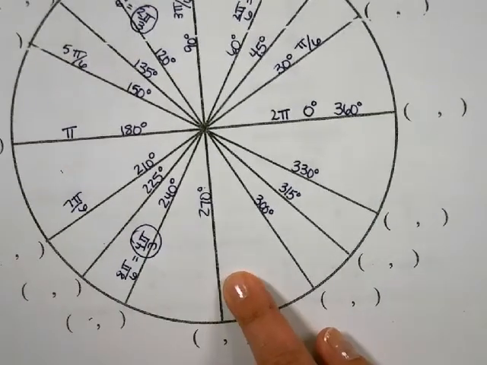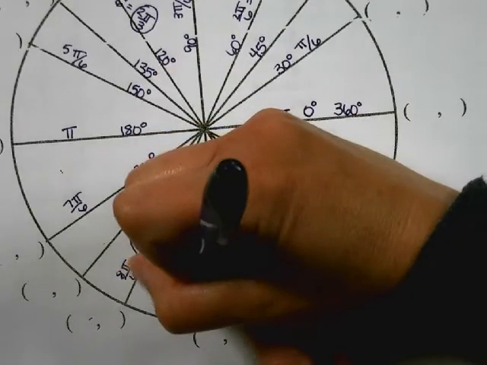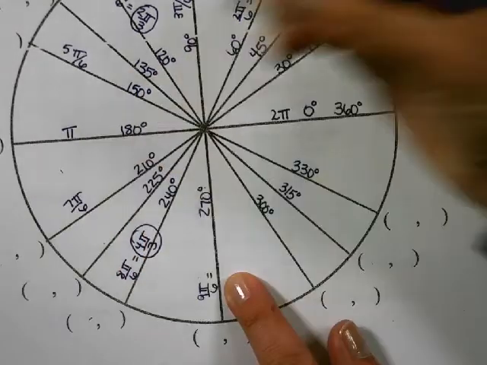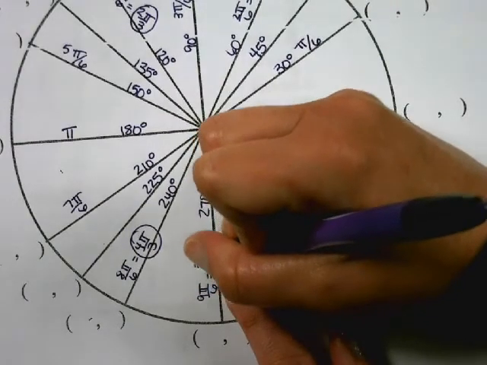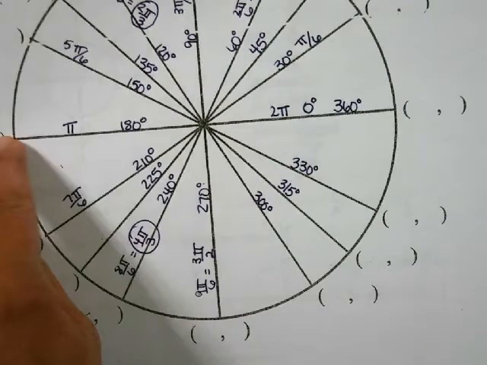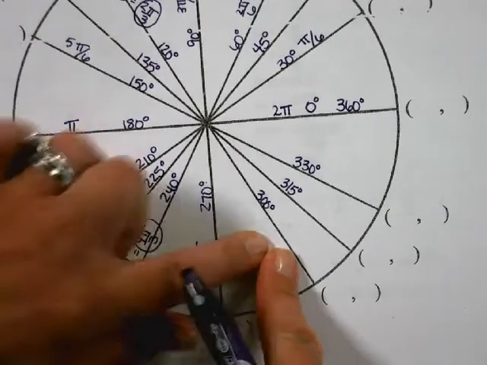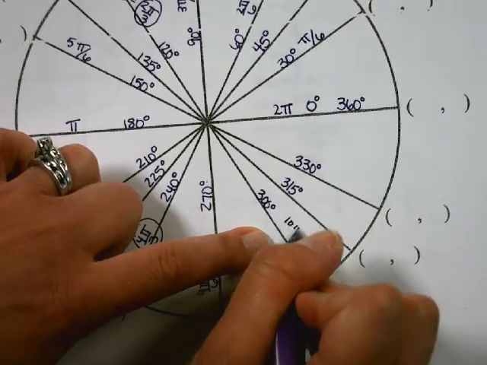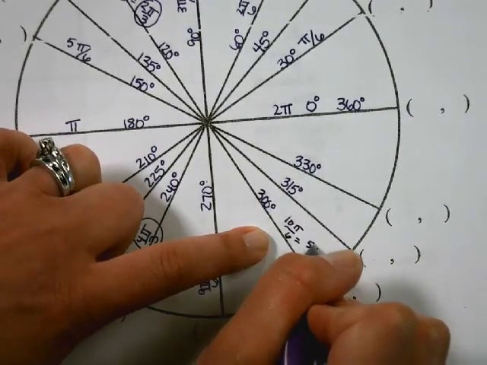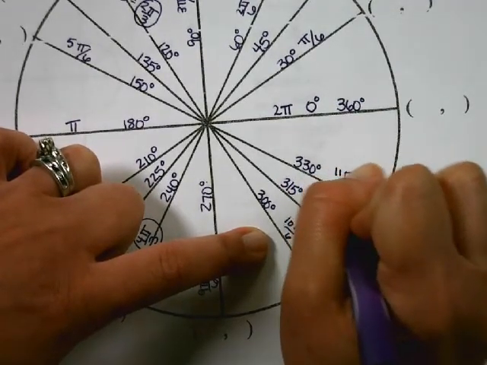All right, I'm down here at 270. 9 pi over 6, right? What does 9 pi over 6 reduce to? 3 pi over 2, which makes sense because I'm at 1.5 pi. 10 pi over 6, so 5 pi over 3. 11 pi over 6.